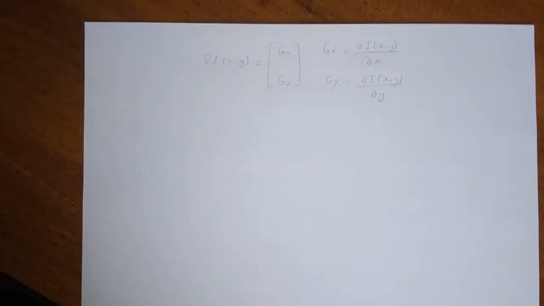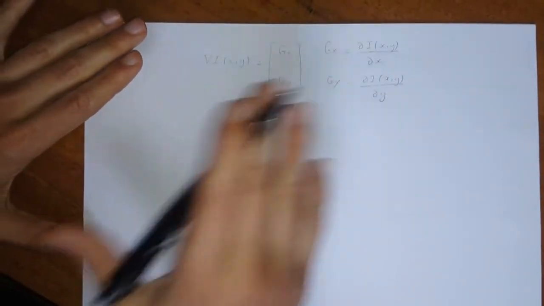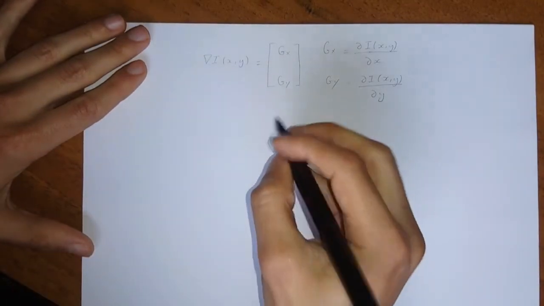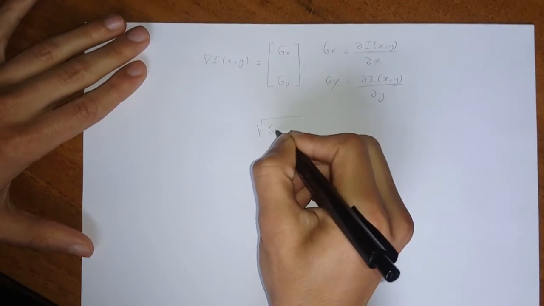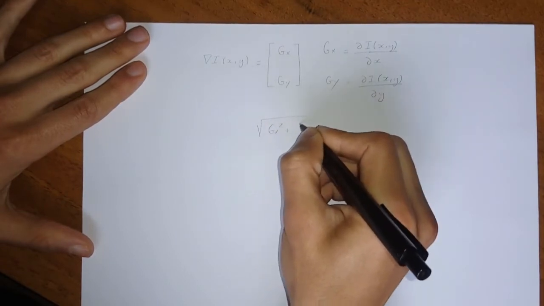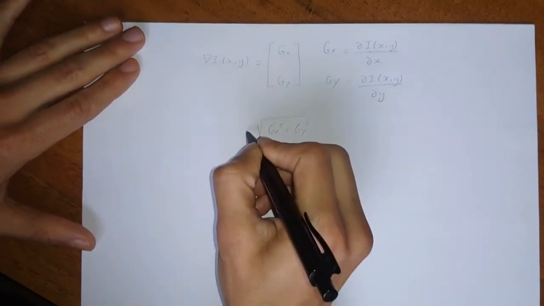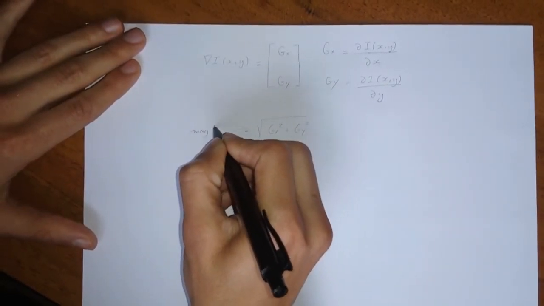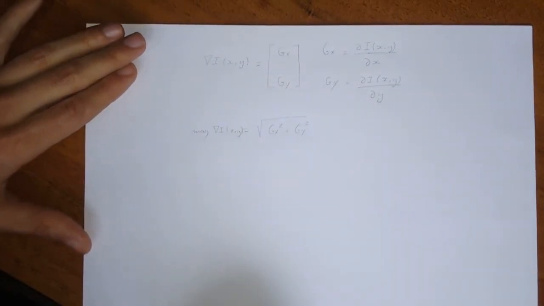Right. So we have now to find out the magnitude of that vector, and this is done easily by calculating the square root of gx squared plus gy squared. So this is the magnitude of the gradient at x and y.